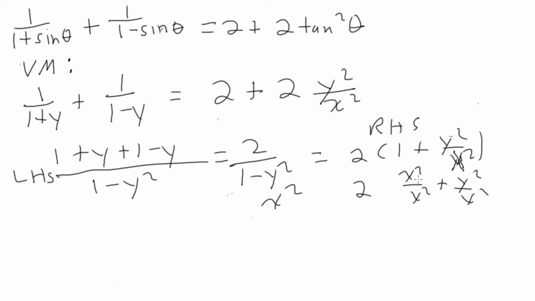Now watch what's happening here. x squared plus y squared equals 1. So it's going to be 2 times 1 over x squared, which is 2 over x squared. And lo and behold, we had 2 over x squared on the left and 2 over x squared on the right. We didn't have to memorize that 1 plus tan squared equals secant squared, which would have complicated things.